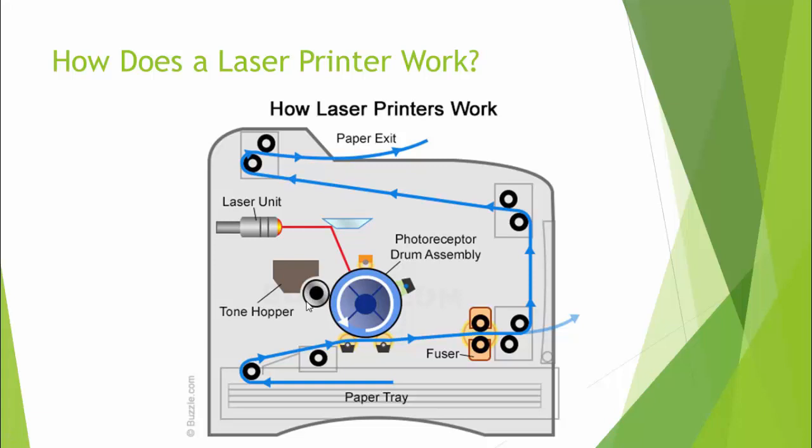Now, what happens is the laser writes onto this drum assembly the given text we want to have stick to the paper. So the laser puts the image onto the drum, which the drum then transfers onto the paper.